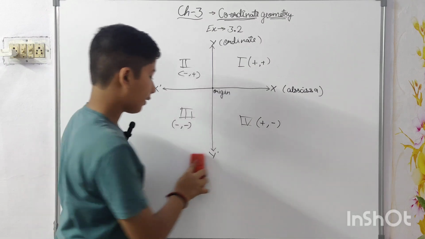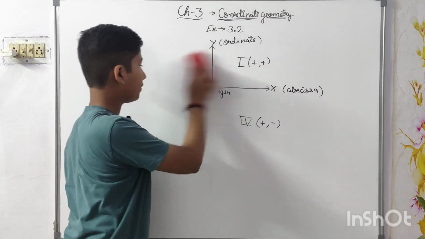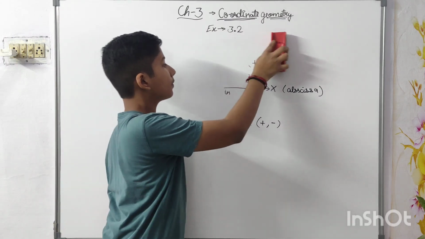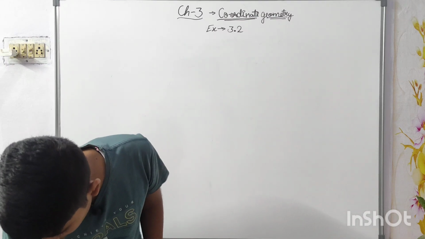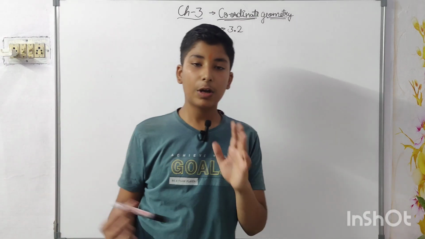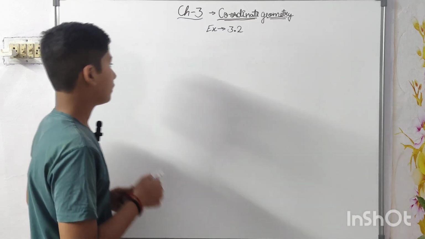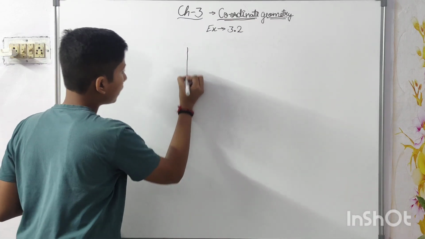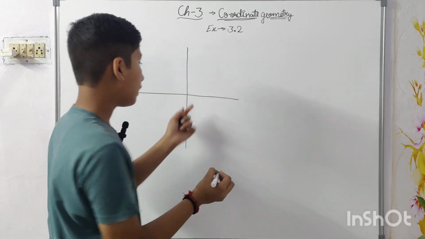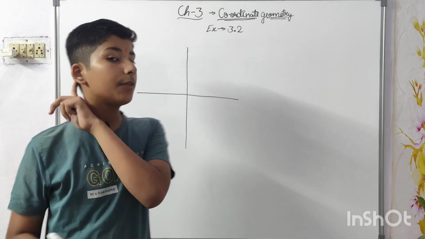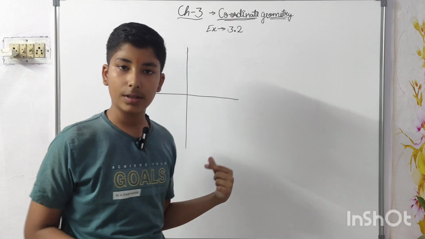Now we'll come to our exercise. Let me read this all. Now the first one: name of the horizontal and vertical line. This is horizontal, this is vertical, and I have told you that one is the x-axis and one is the y-axis.